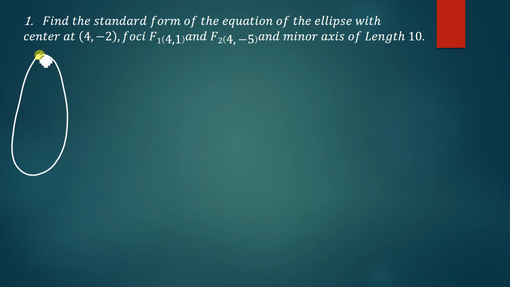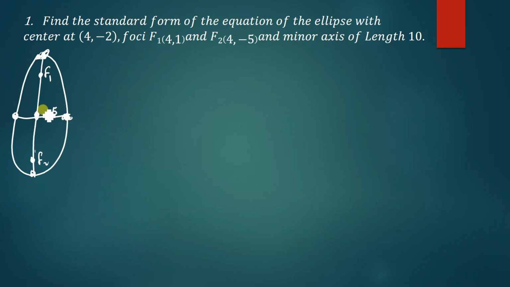Now if we have something like this, this is our center, these are the vertices, then we have the first focus there, then the second focus there, f2, then this is f1. We've been given that the length from this point to that point is 10, meaning from the center to that point we have 5.